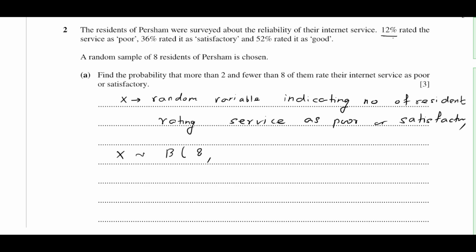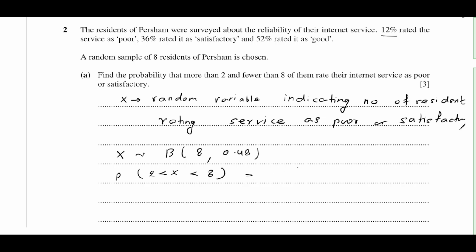So 12 plus 36 is what? 48. So I will say 0.48. Okay. Now I have to find the probability of this X. I find the probability that more than 2 and fewer than 8. The probability of X greater than 2 and less than 8. Probability of X between 2 and 8 we have to find out.